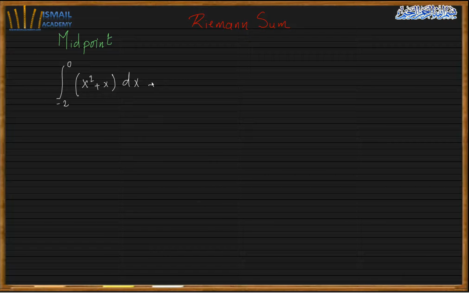So this will be equal to the limit of the sum from 1 to n, as n goes to infinity, of x star squared plus x star, times delta x. So we need to define what is x_i star, and define delta x.